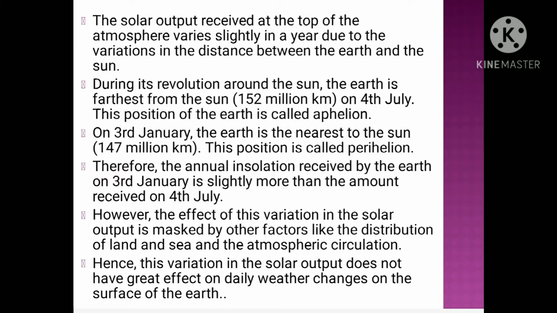During its revolution around the sun, the earth is farthest from the sun, which is 152 million km, on 4th of July. This position of the earth with respect to the sun is called aphelion. On 3rd of January, the earth is nearest to the sun, which is 147 million km. This position is called perihelion.